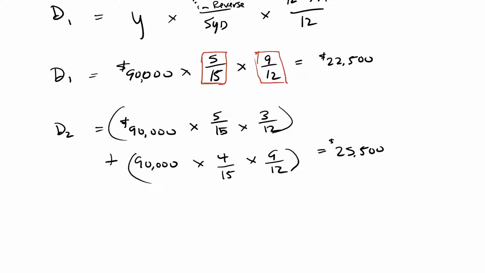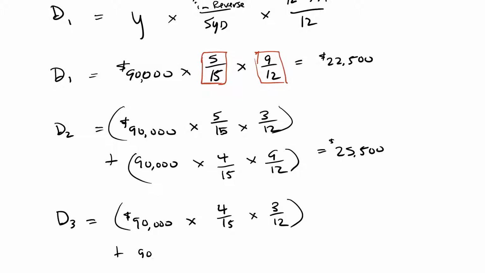Okay, so that sets up a pattern for us. Just for sake of further illustration here, let's compute depreciation for year 3. Again, it begins with our depreciable cost, $90,000, times 4 over 15 this time. Again, we're looking to complete a full year using that fraction, so times 3 over 12.